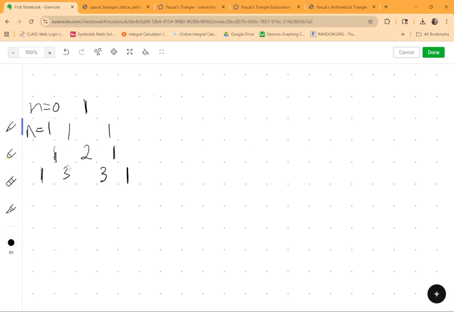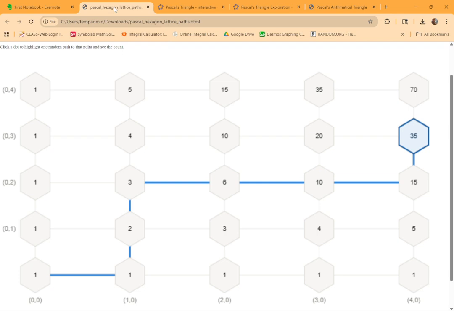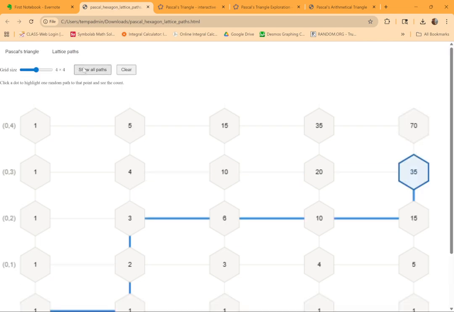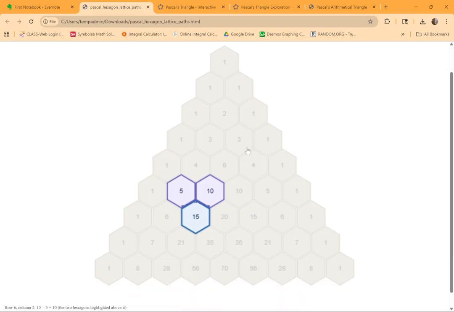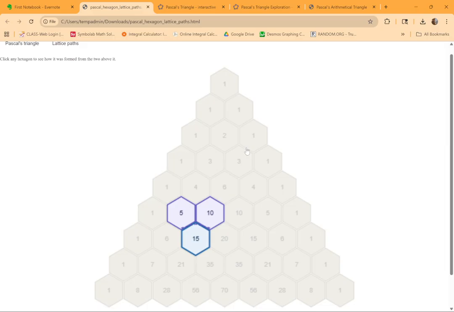Now, here's a nice visual to get a better look at what I'm talking about. Here we have our Pascal's triangle. If we click on any element, like 2, you see it highlights the 2 above that gets you that number. If we go down here, let's look at this 5 right here.